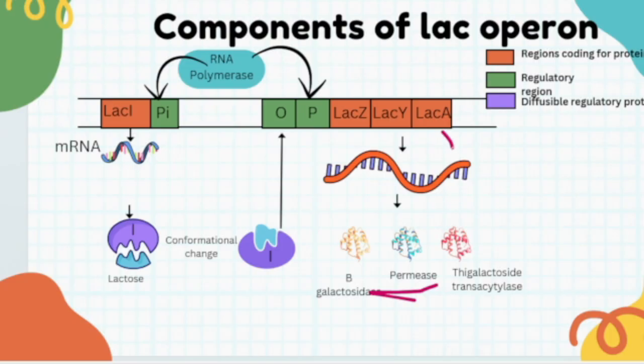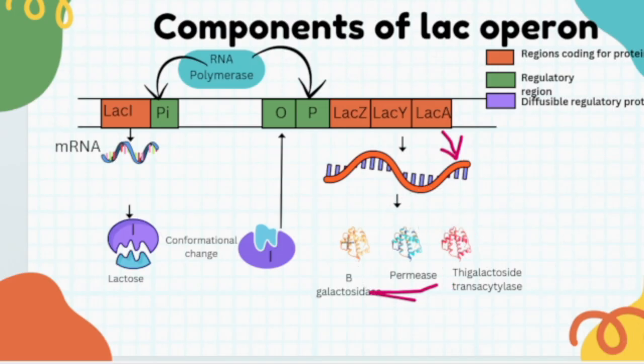And the next one is the Lac A gene. It codes for thiogalactoside transacetylase. Its function is to transfer the acetyl group from acetyl-CoA to beta-galactoside. Although this particular enzyme does not have a direct role in the Lac Operon, it plays a helping or supporting role.